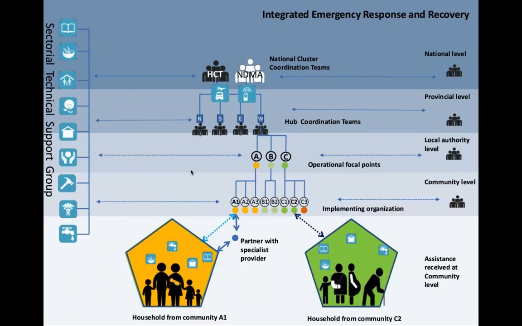On the right side, again, you have the communication and coordination towards the local authorities, and this would vary from response to response. In some areas, the local authorities are very strong, like Nepal, for example, whereas Haiti would be the opposite, where government was very much affected and was not very functional for a number of months. In Nepal, the government was very effective.